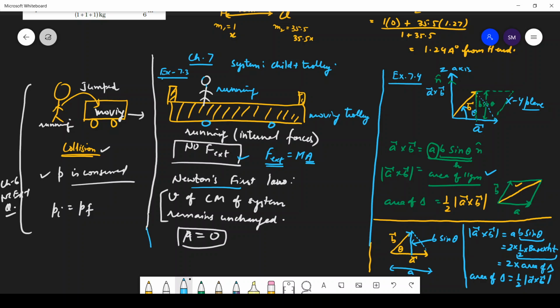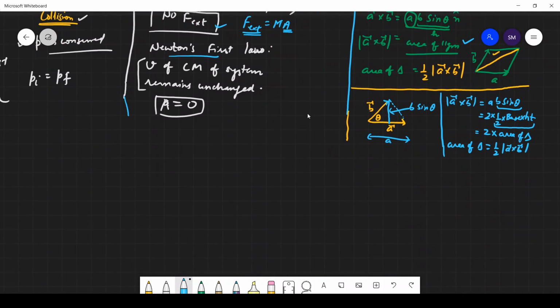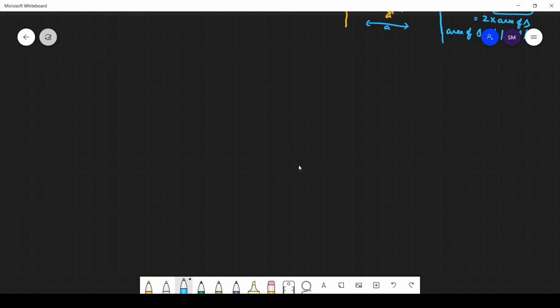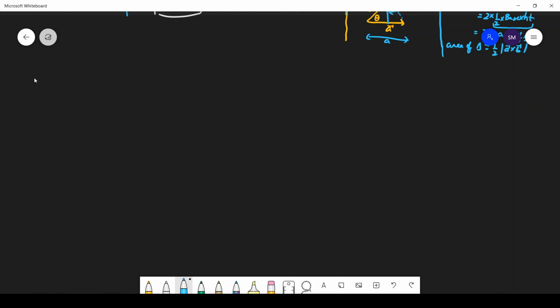Now let us again revise the concept of dot and cross product. We have done it many times.